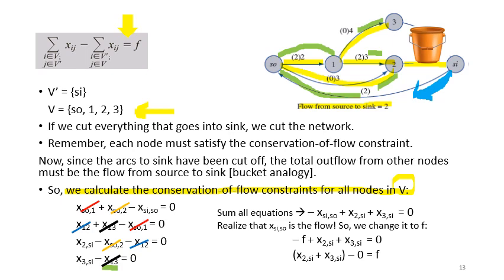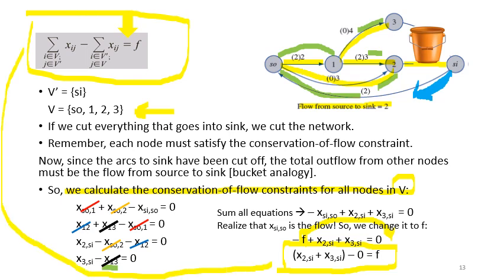So now we can change this x sink to source with another notation f, which means the flow of the network. Why? Because remember, whatever is going in will be transported out using this artificial arc. So this is our current flow, and then if I just move it to the other side, we have this equation.